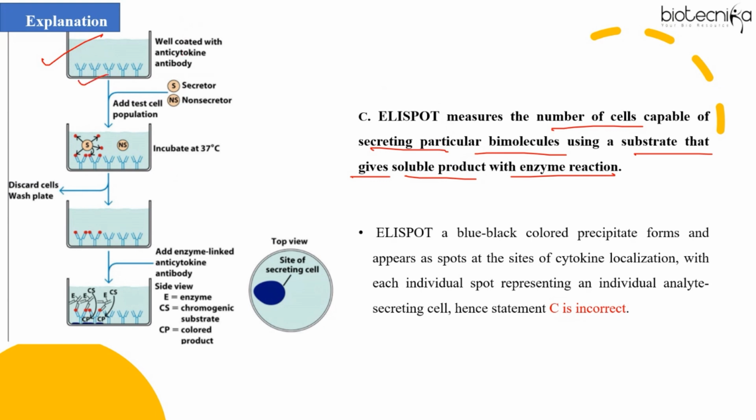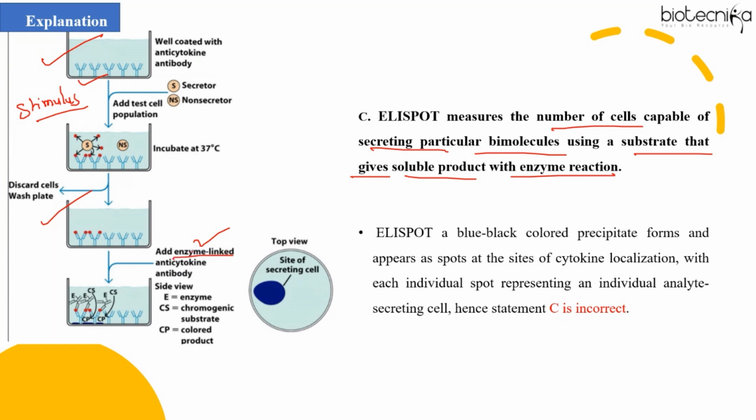So we add the anti-cytokine antibody, we add the cells which secrete cytokines. So you have to provide a stimulus, and in presence of stimulus, those cells which secrete cytokine will bind to the antibody. Any cell which is not bound will be washed off, and then you add another anti-cytokine antibody that is enzyme linked.